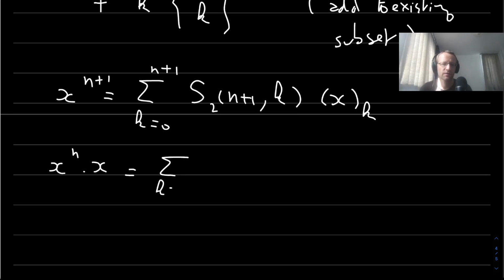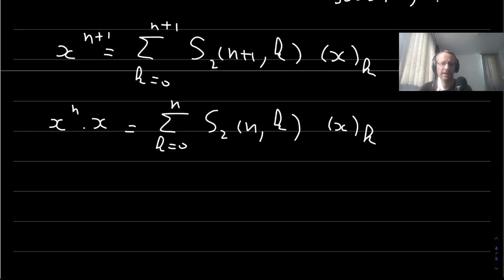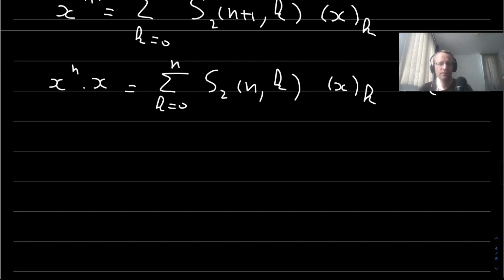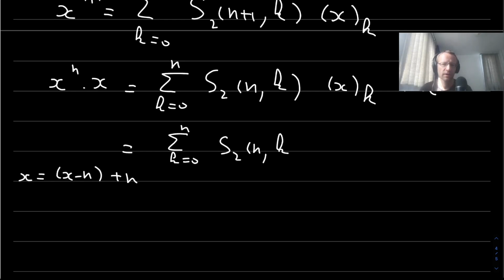Therefore, this is also the following expression, but now times x. So now we want to split x into (x minus k) plus k. So this is the sum over k from 0 to n of S2(n,k) x falling k plus 1.